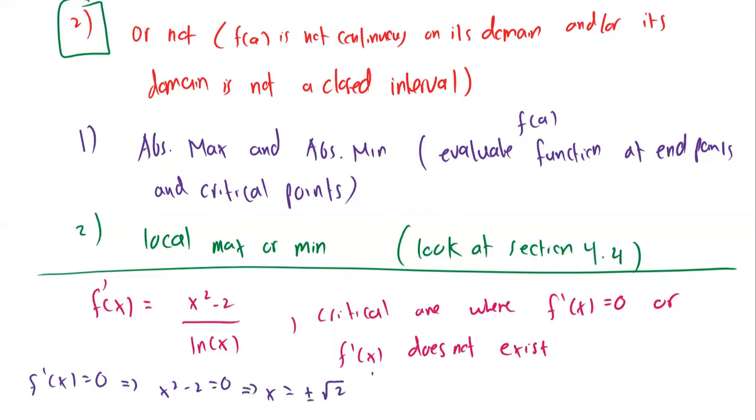Now, for when the derivative doesn't exist, you're looking at when the denominator equals 0, because that's the only thing that's going to make this function not exist. So when is ln of x equal to 0? This happens when x equals 1. So these are critical points, and this is also our critical point. So that's just one thing to remember: you also have to check where the derivative doesn't exist.